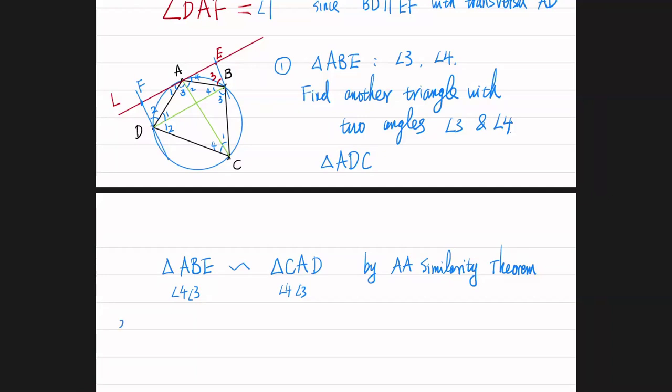The second one, we move to angle ADF. In ADF, we have angles 1 and 2. Now, can you find another triangle with angle 1 and angle 2?